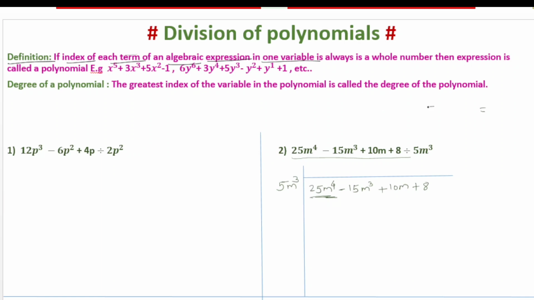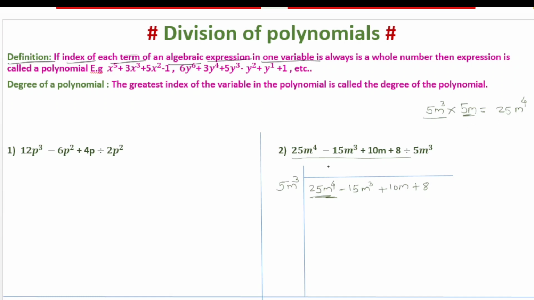But here we want 25m⁴. Which number do we multiply by 5m³ to get 25m⁴? Obviously we take 5 fives are 25, but here with m³ we need to take m, so that m³ times m gives m⁴.